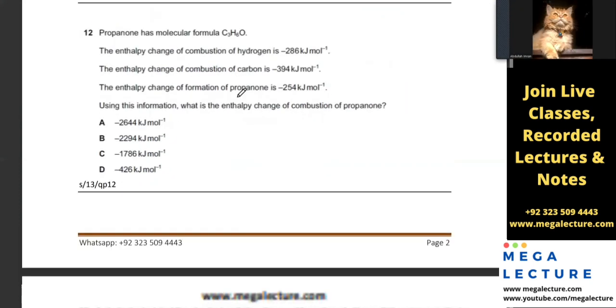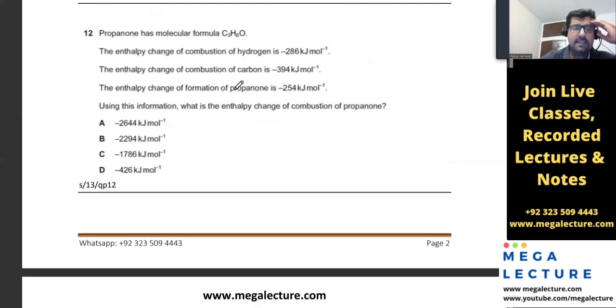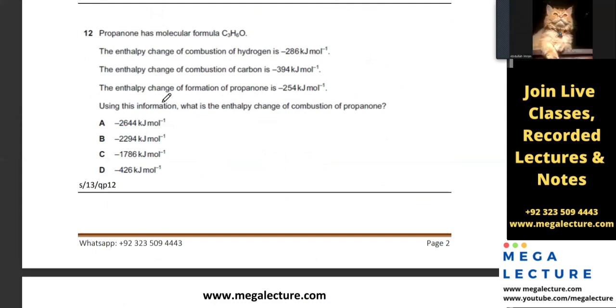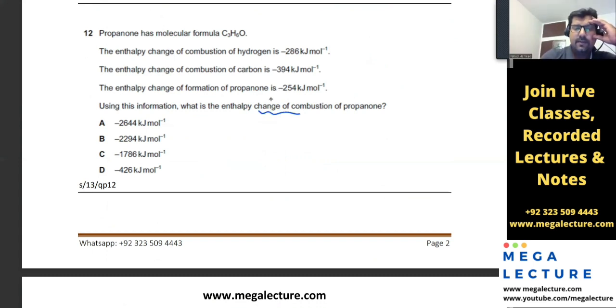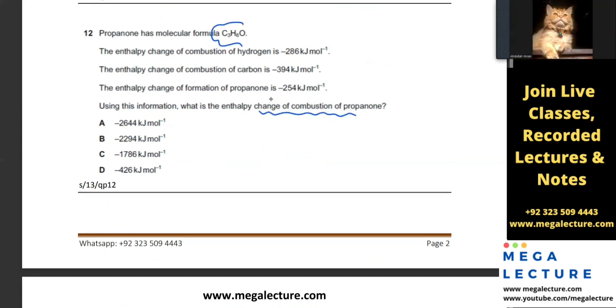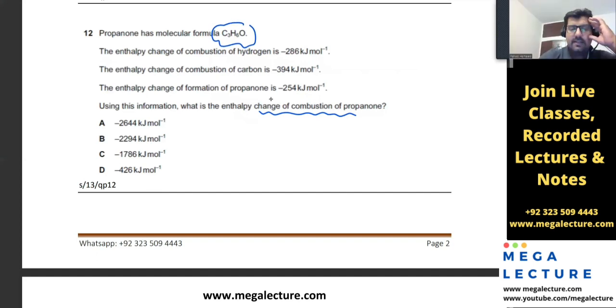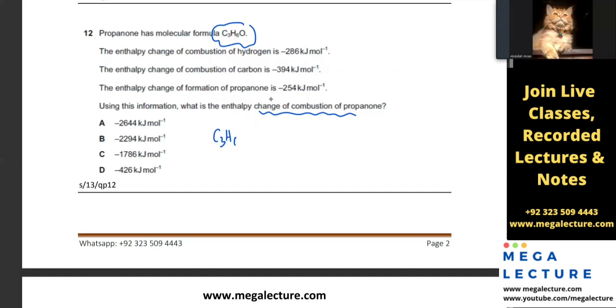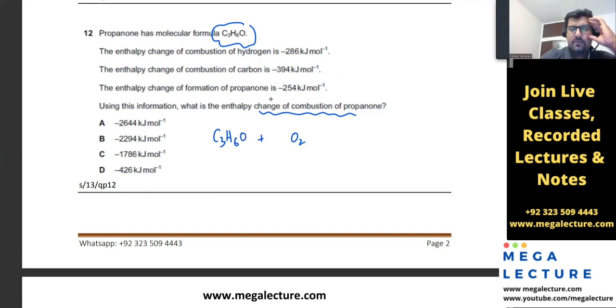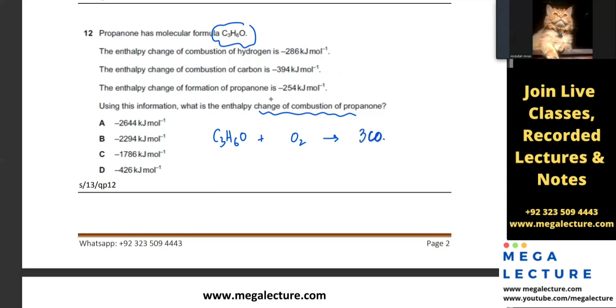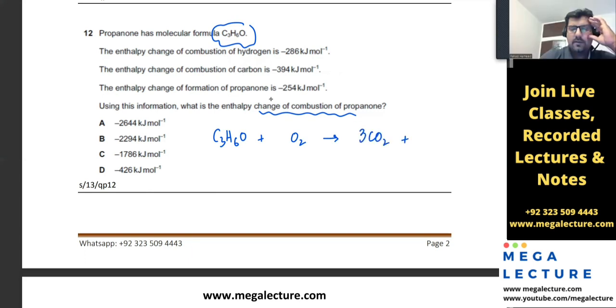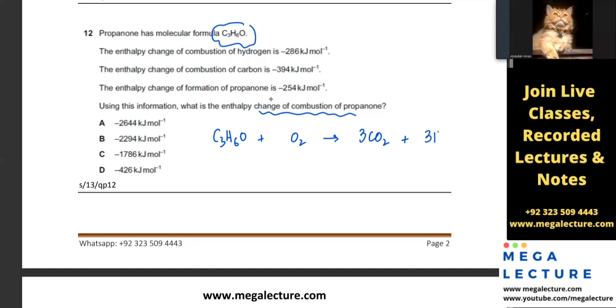So now, sometimes they're going to trick you with questions like these. For example, he's asking, use this information: what is the enthalpy change of combustion of propanone, which is this one? So combustion of propanone, that's C3H6O. Combustion would be, it reacts with O2, produces CO2 and 3 H2Os.